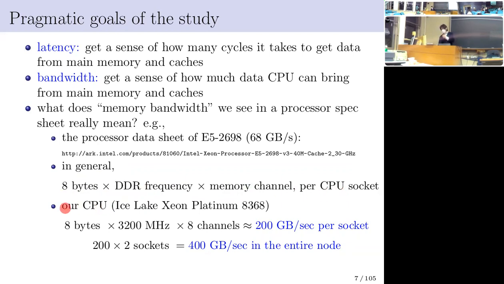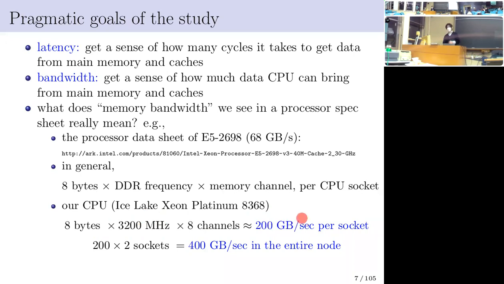And the CPU we are using in our environment, Howlett host, is Ice Lake Xeon Platinum 8368. So it has a DDR frequency of 3.2 gigahertz, and this CPU has 8 memory channels, and so all multiplied you get something like 200 gigabytes per socket.